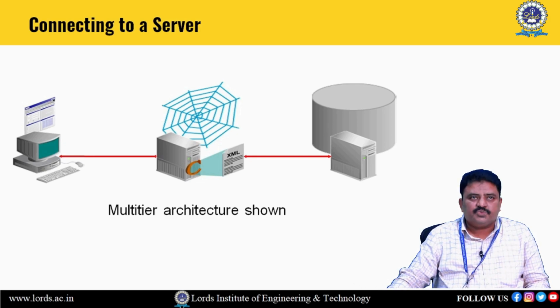The query is sent to the database server, and based upon the query, the request is taken and the output of that query is displayed back. Here I was showing you the example of a single computer, but in reality there will be many different computers and many users accessing. That's why we call it a multi-user environment with many different types of architecture, which is called a multi-tier architecture.